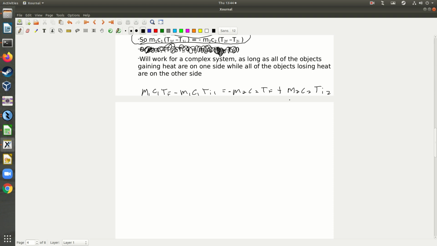That ends up becoming a positive when the negative gets distributed. So if I move my TFs all to one side, that gives me M1 C1 TF plus M2 C2 TF equals M1 C1 TI1 plus M2 C2 TI2. So now you've got positives on both sides.